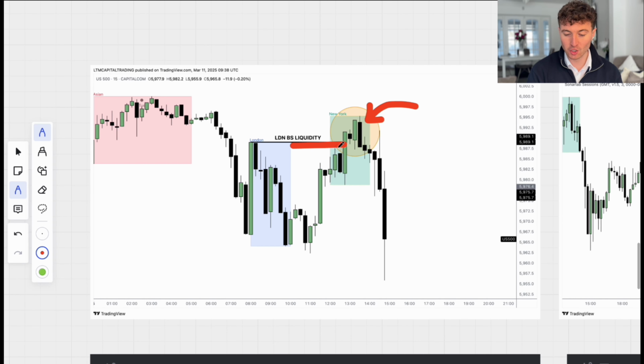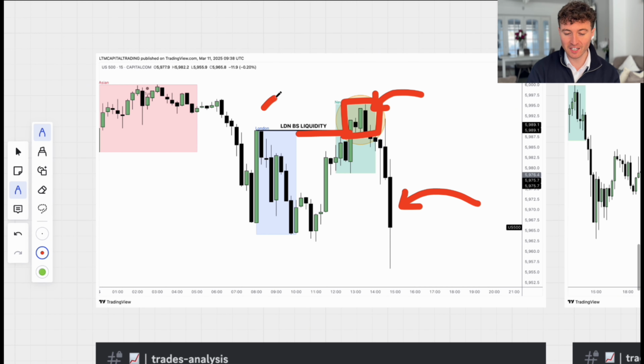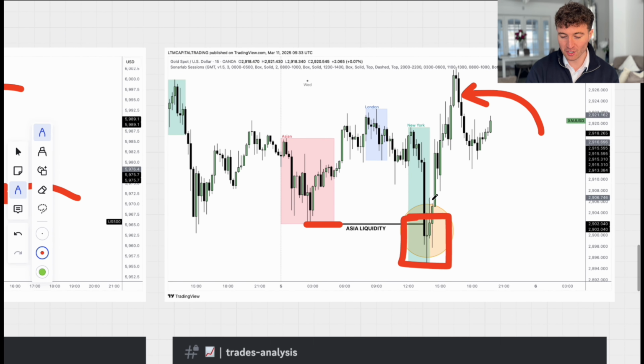Our job is to get an entry during the manipulation phase, and we can look at capitalizing on the distribution phase. You always need to understand where the buy side and sell side liquidity is resting, but also pair that with your directional bias. If you're looking for shorts, you need to see a run of buy side liquidity. If you're looking for longs, you need to see a run of sell side liquidity.